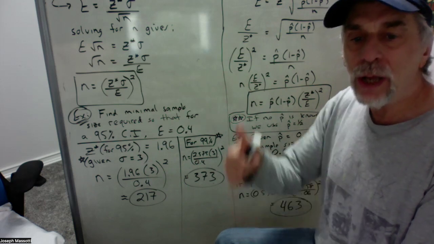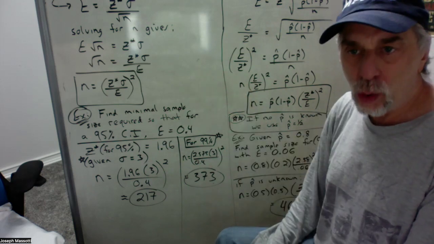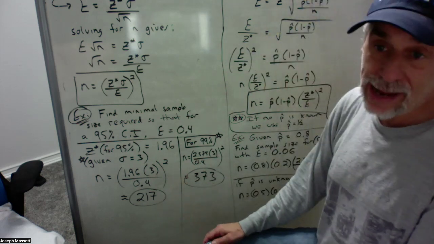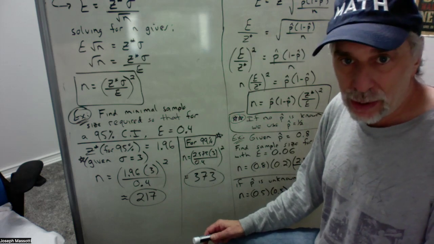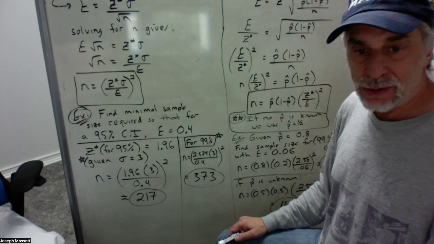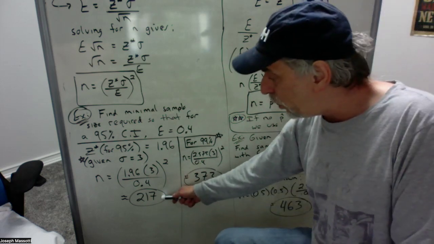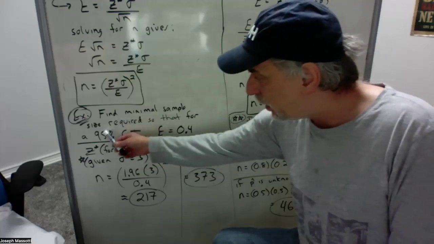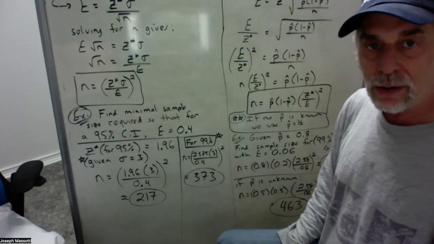Always round up to the next whole number, because if you need 216 and a half, 216 isn't going to do it. 217 is what you're going to need to satisfy the conditions of the problem. So we need 217 people in our sample to form a 95% confidence interval with a margin of error of 0.4.